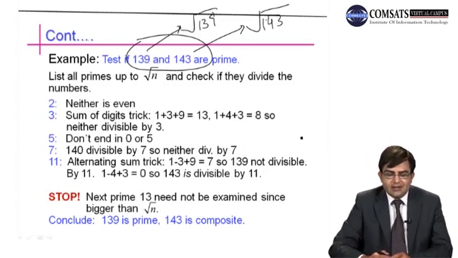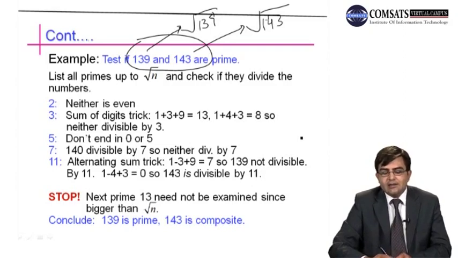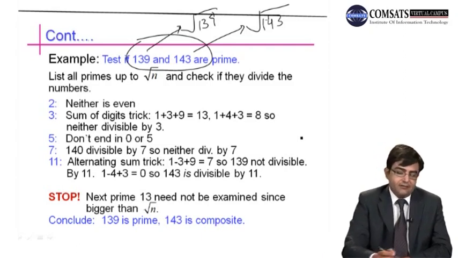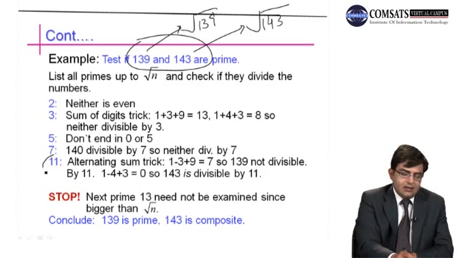So what is the square root of 139? As we know that the square root of 144 is 12, so the square root of 139 is approximately 11 point something. So the integer which is less than the square root of 139 is 11.